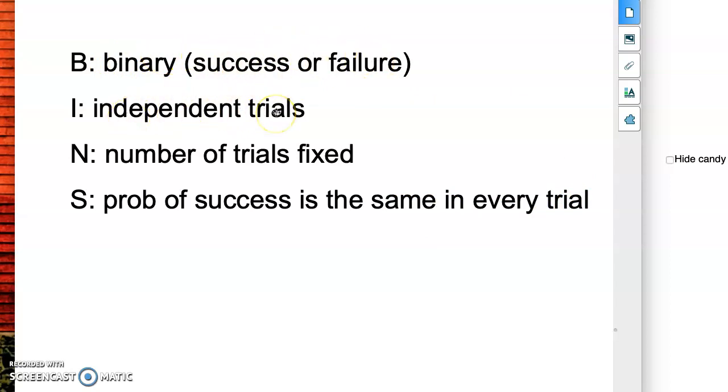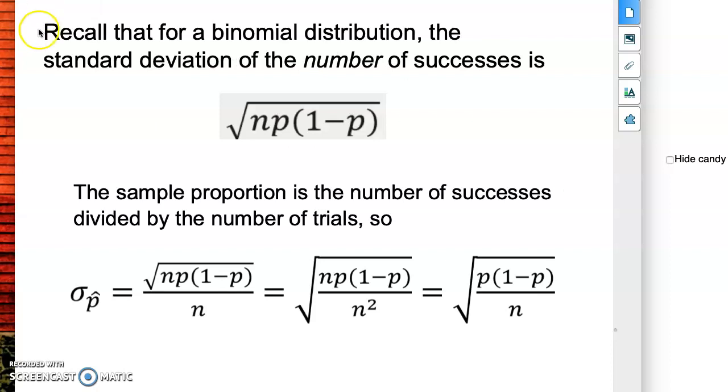Trials are independent. Here we're drawing without replacement, but we're drawing from such a large population that the trials can be considered to be independent. We're drawing a fixed number of people in each sample, and the probability of success is the same for every trial, 0.15. All right, so the formula for standard deviation from Chapter 6 we learned is equal to this.